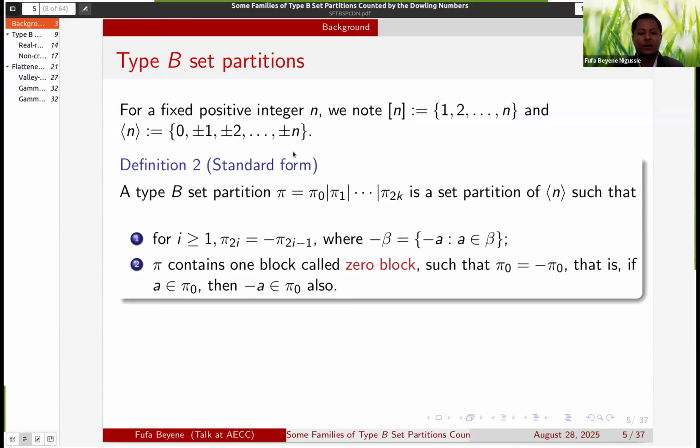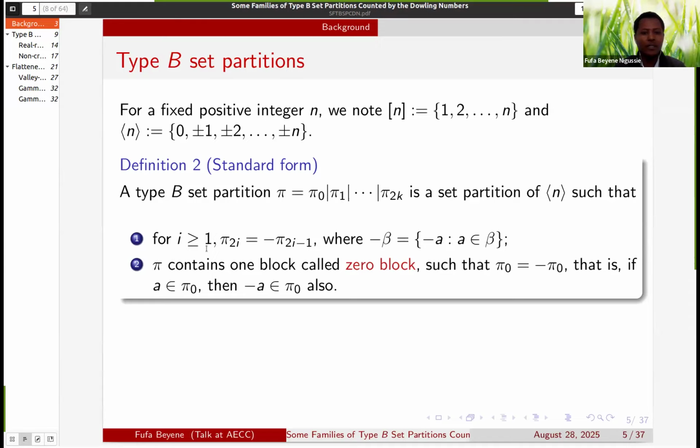With this notation, we define a type B set partition. Of course, I'm giving you the standard definition of such a set partition. Consider the disjoint union of subsets of the set here, such that the following two conditions hold. We have pi given by pi_0, pi_1 up to pi_{2k}.